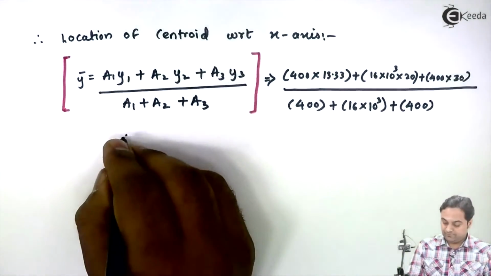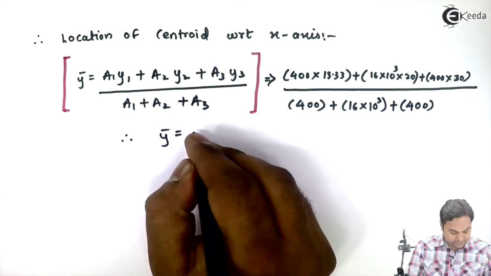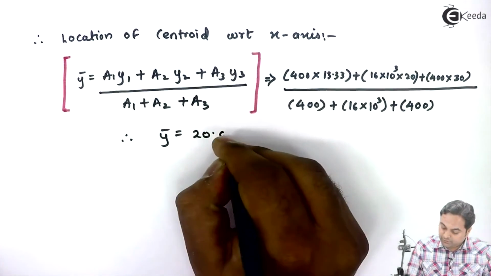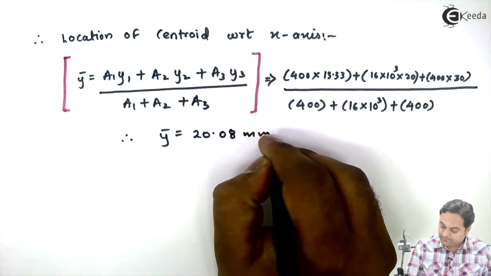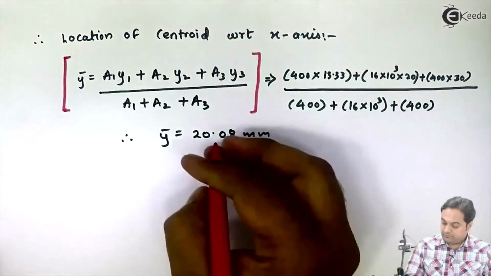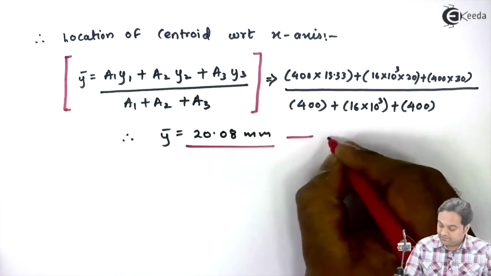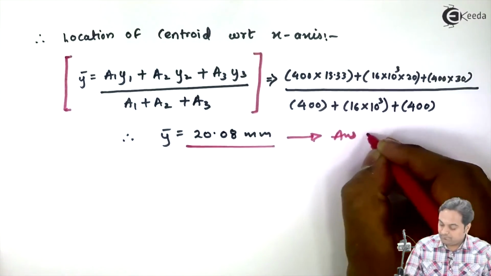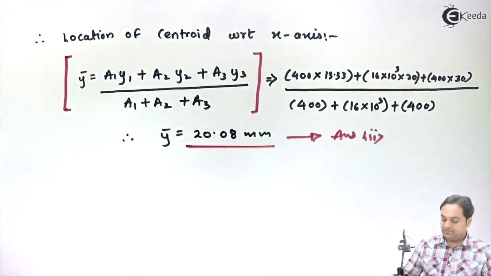So I will get the y bar value. It comes out to be 20.08 mm. So from the calculation, I am getting this answer, which is my second answer.